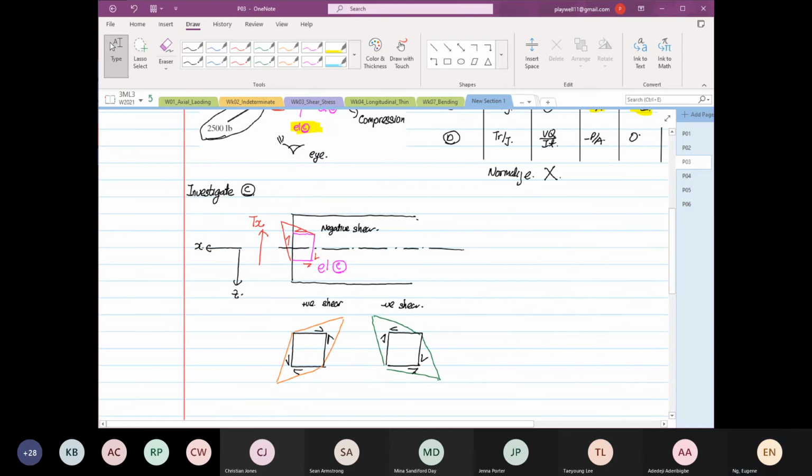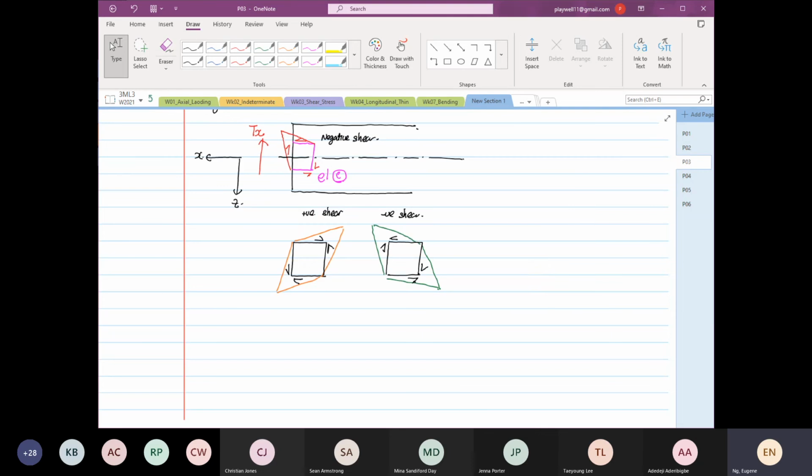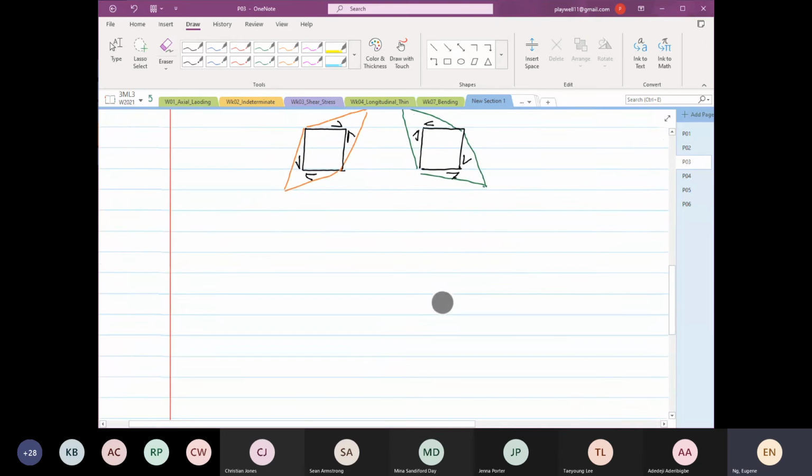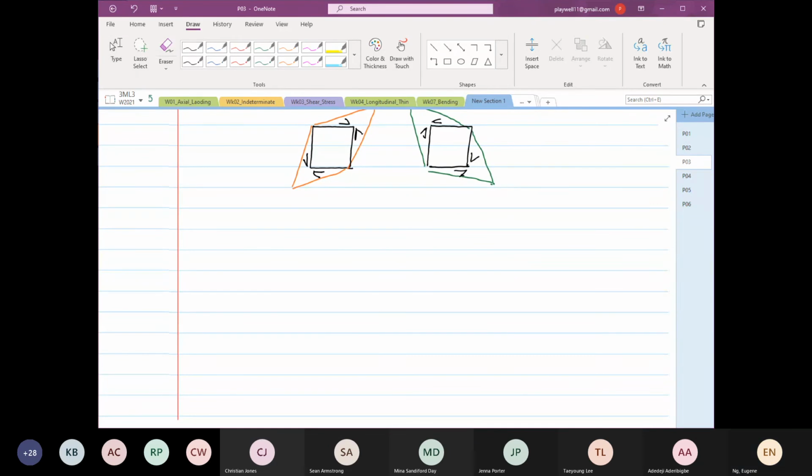Right. So now we're going to draw our 3D element. Some of you might ask, why are we looking at the 3D element? The next thing we're going to do is plot or draw the 3D element and the 3D Mohr's circle.